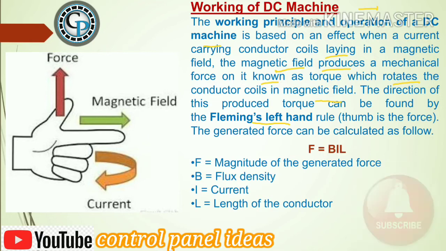The generated force can be calculated as follows: F is equal to BIL, where F is the magnitude of the generated force, B is equal to flux density, I is equal to current, L is equal to length of the conductor. This shows thumb is force, then magnetic field and current.